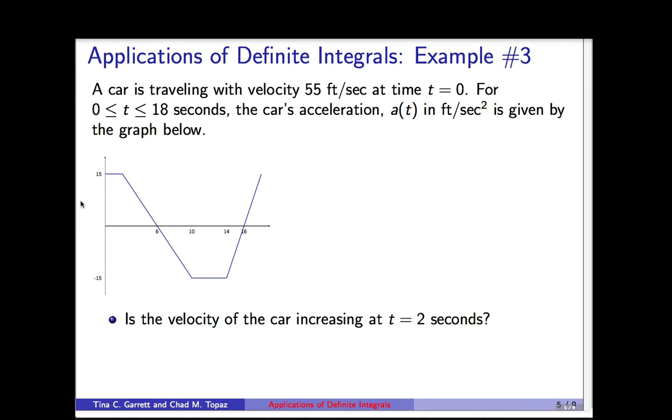We haven't talked a lot about that, but here acceleration is in feet per second squared. That's how much you're speeding up or slowing down, and this axis is t, measured in seconds. So the graph here is acceleration, and we're going to ask a couple of questions about total change. I'm going to ask them in a way that might not seem obvious. So think about the first question.